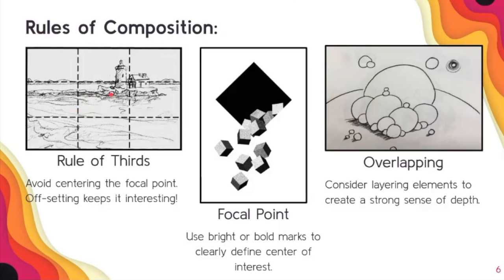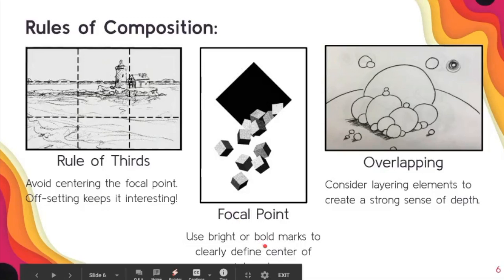So we want to make sure that your viewer is able to look around your piece and find what they're looking for. So it's just suggested to offset whatever your focal point is a little bit to one of these 4 intersecting points, and it'll just bring a little bit of a more interesting piece to the viewer.